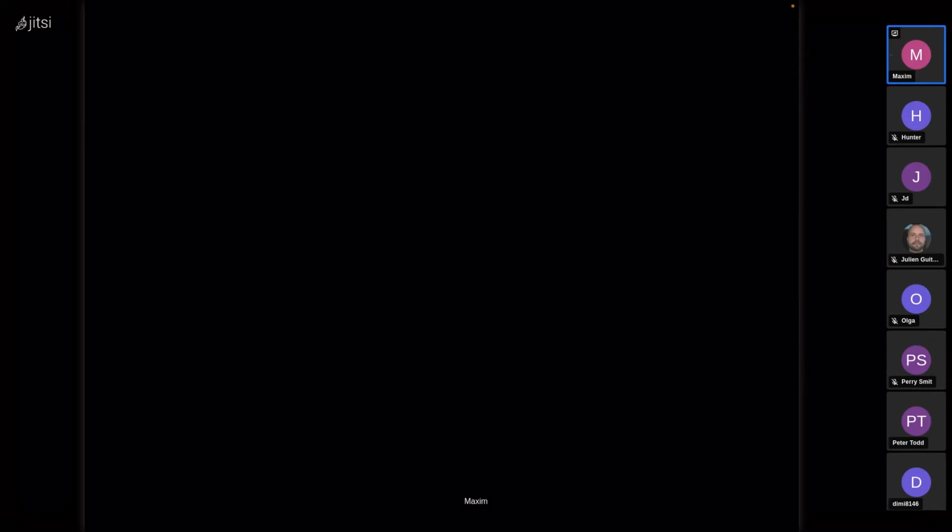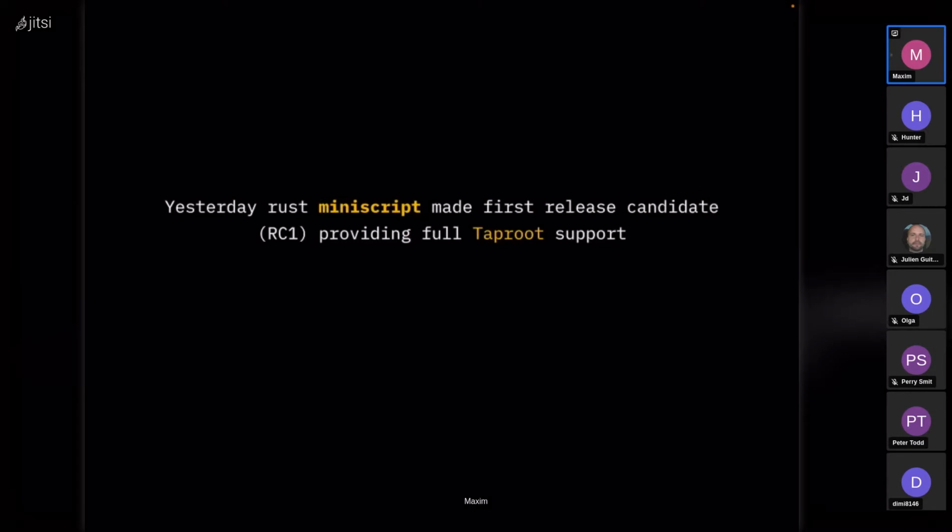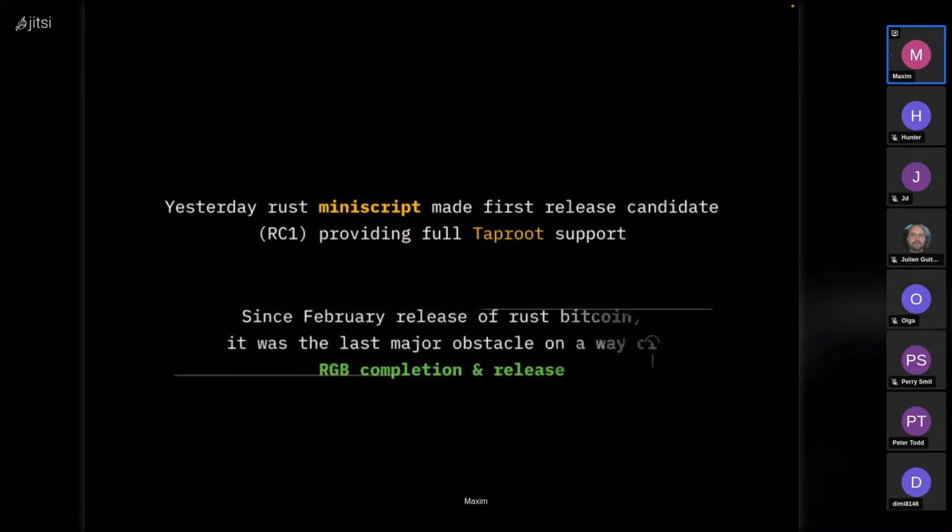And I would like to start with a very pleasant announcement for me, that yesterday Rust miniscript made a first release candidate providing full Taproot support. And this was since the release in February of Rust Bitcoin. It was the last major obstacle on the way of RGB completion and release, because it wasn't about the fact that RGB really needed Taproot.